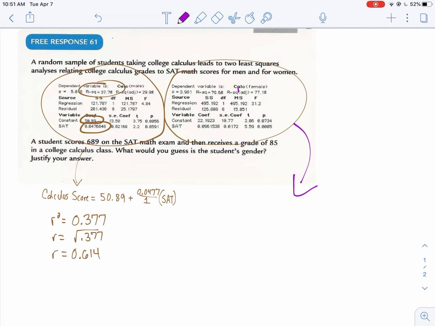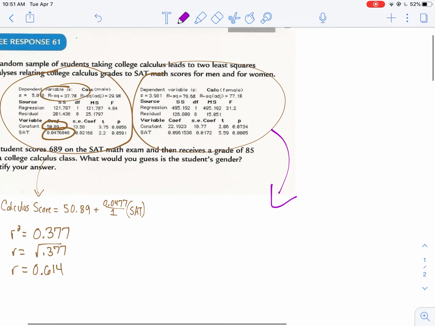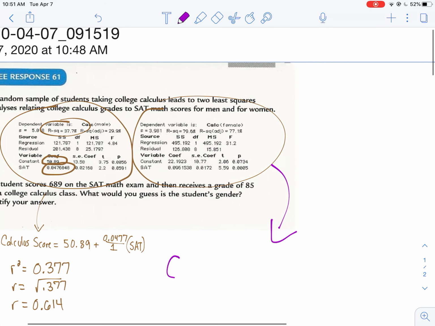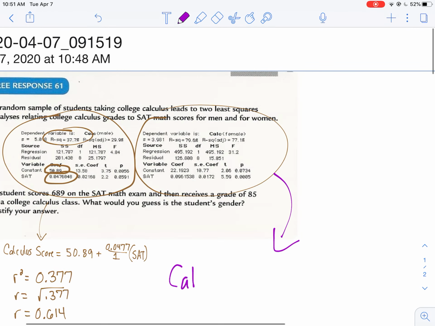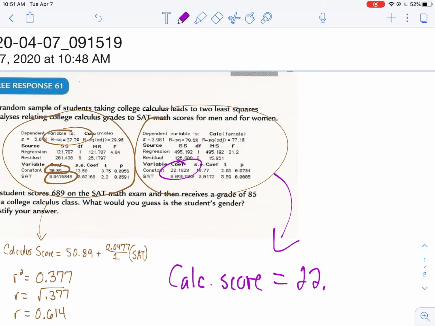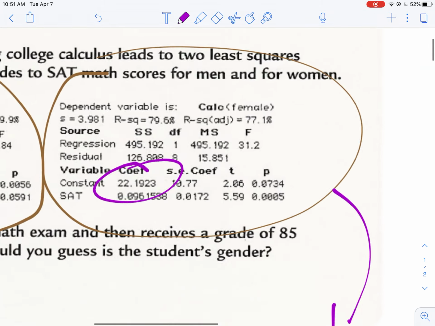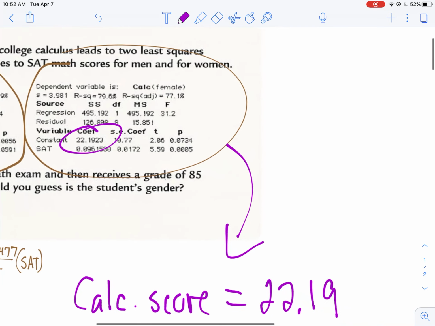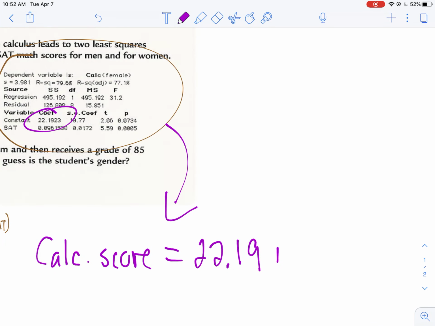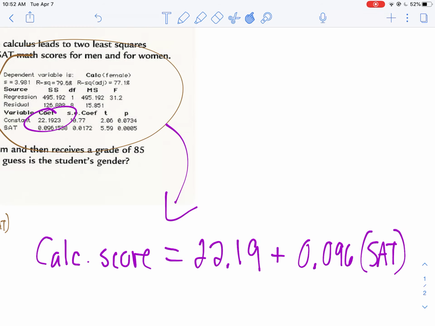Now for the women, I'll do this in a different color. Again, we're trying to figure out calculus score. I'm just going to abbreviate this time. I've got my constant of 22.19 and my slope of 0.096 times SAT score.